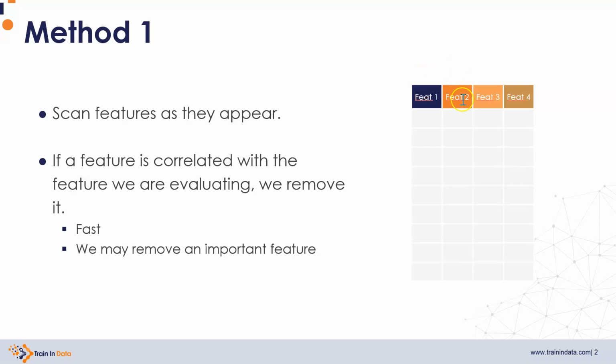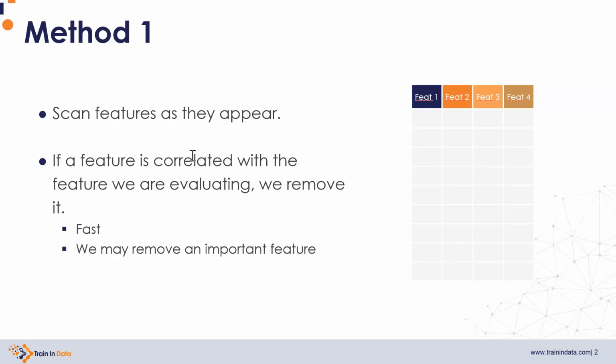Then it moves on to feature 2 and compares its correlation with features 3 and 4. And if any of these is correlated, it removes it. And then it goes on to evaluate feature 3 and so on until it reaches the last feature of the dataset. The advantage of this method is that it's very fast.